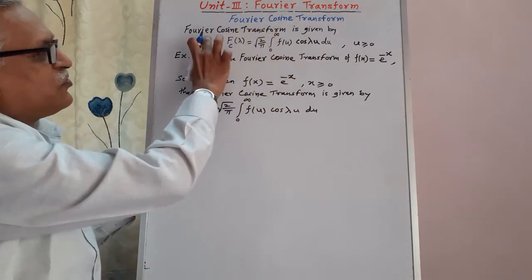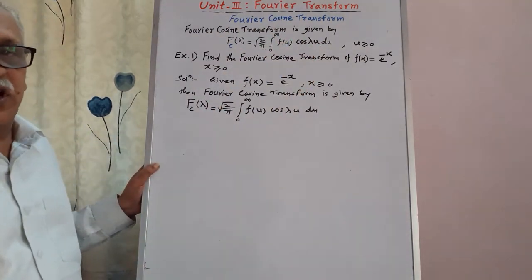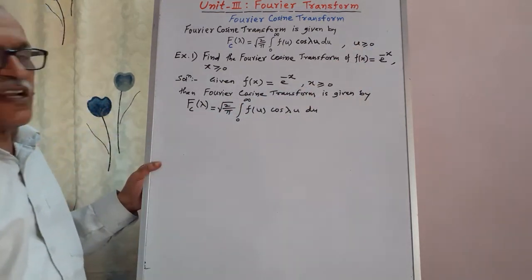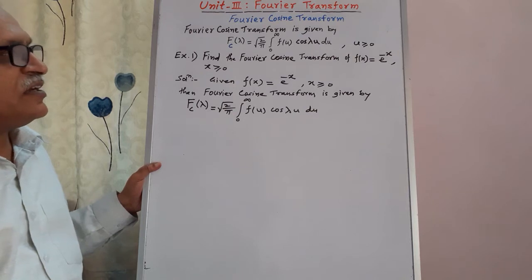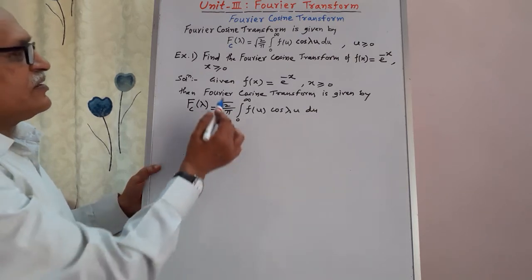When we require to find the cosine transform, we have to multiply this function by the cosine term cos of lambda u, for the condition u greater than or equal to 0, meaning u lies between 0 and infinity.